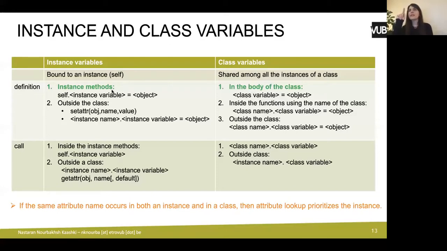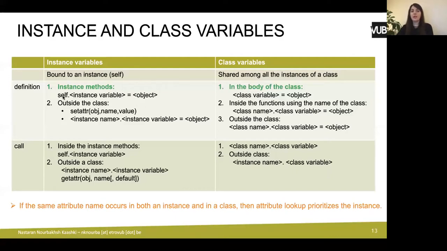So it will have self as the first argument of the function. So it's an instance method, and it will be called using instances of the class. So we can define instance variables inside instance methods. We write self dot the name of the instance variable equals an object.